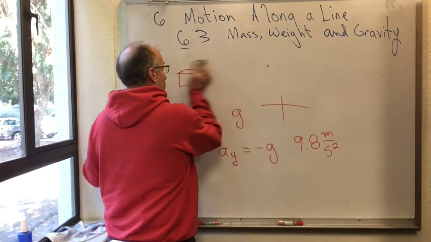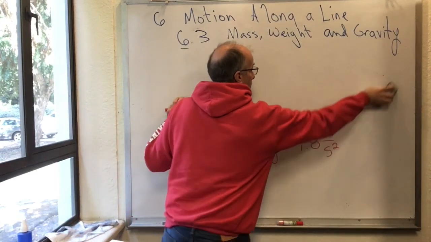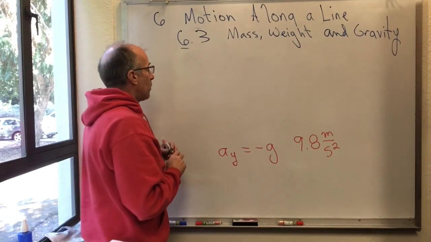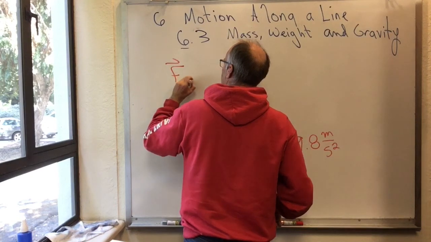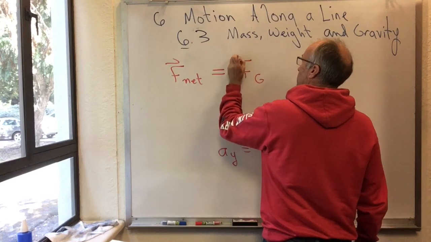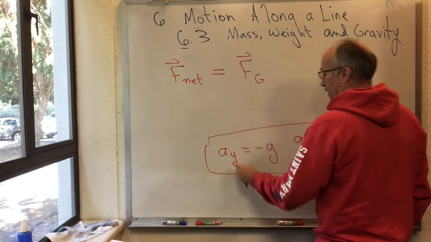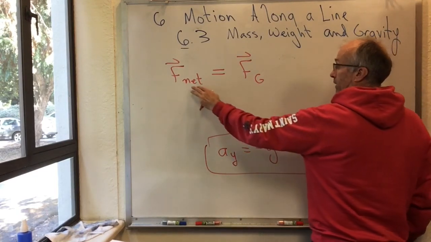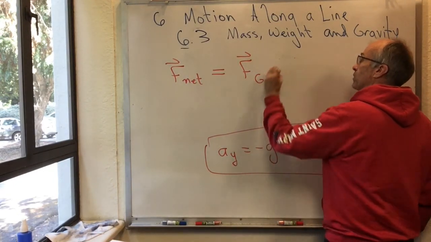Now suppose we have a free fall situation, and suppose that there is no wind resistance or any other dragging type stuff that you have to worry about. Then F net is just F sub g. By definition, in that situation, the only force on the thing is F g. Now let's combine the fact that a y is minus g, where g is 9.8 meters per second squared, with the fact that in free fall F net is equal to F g, using Newton's second law.